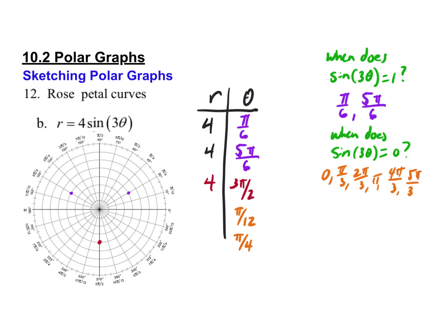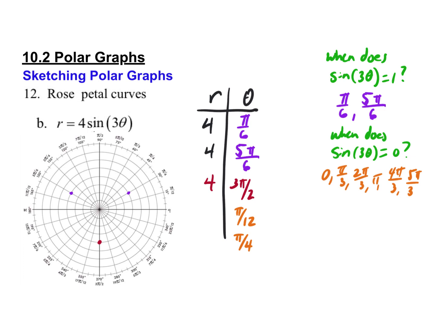Okay? And so what we're trying to then do is find the sine of, when I plug pi over 12 in, it's really sine of pi over 4, right? Because 3 times pi over 12. And then the sine of 3 times pi over 4 is the sine of 3 pi over 4.